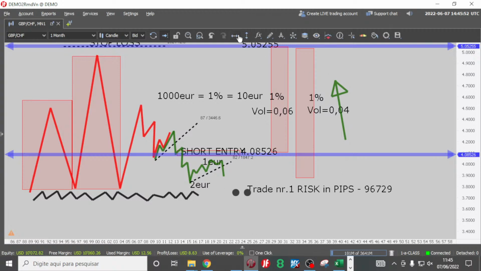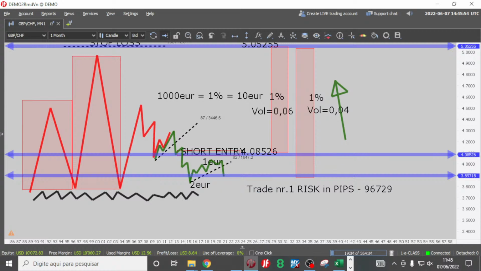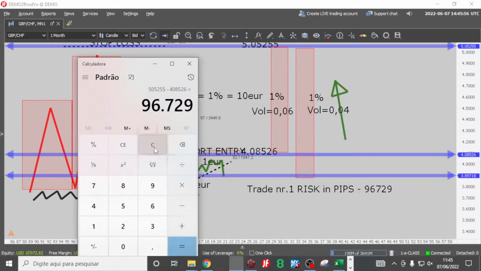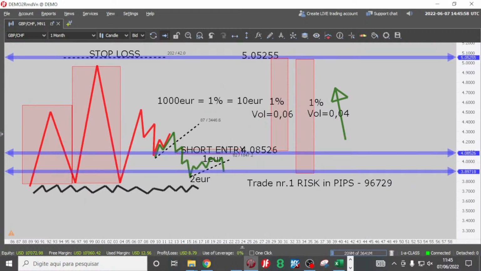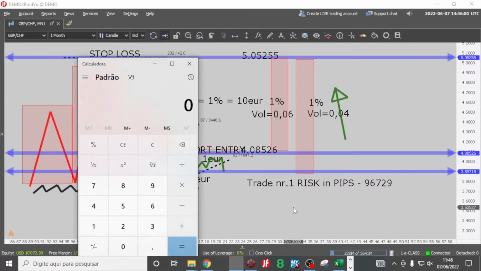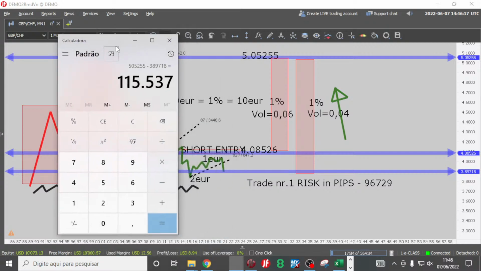With the second trade, let's say that we are going to enter in here, calculator again, our stop loss is still at the same level, so 505,255 minus now 389,718 gives us 115.